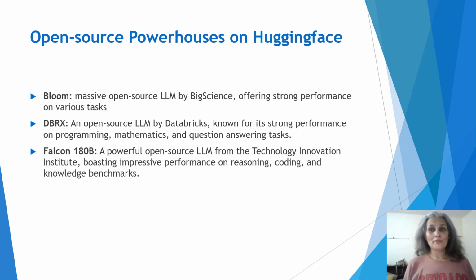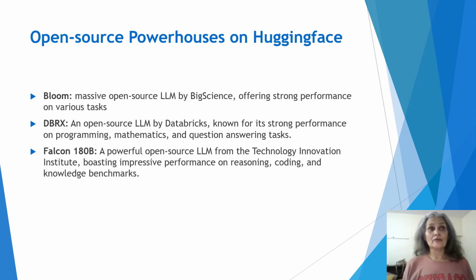Now let's just talk very briefly about the kind of models that are available on Hugging Face. This is just a small taster or flavor of the models. Some open source powerhouses on Hugging Face are Bloom, for example, which is a massive open source large language model by Big Science, which offers strong performance on a variety of text related tasks.